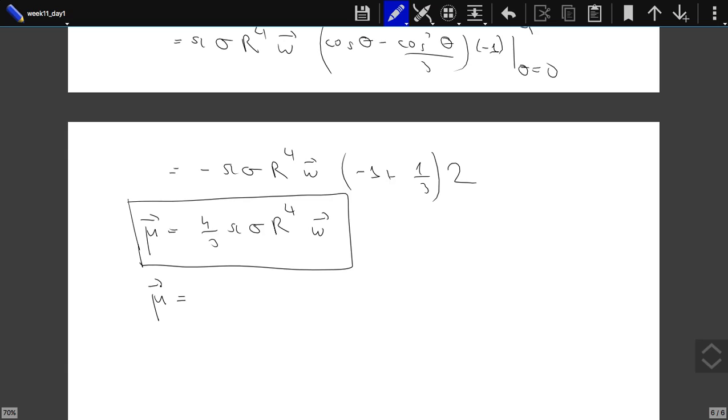This is equal to, let me write it in a slightly different form, 4 pi r squared times sigma times 1/3 r squared omega. Well, the first term is the total charge.